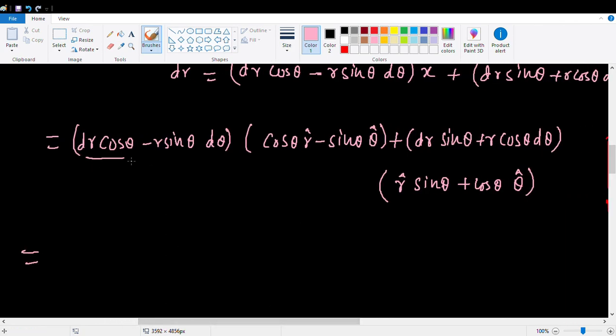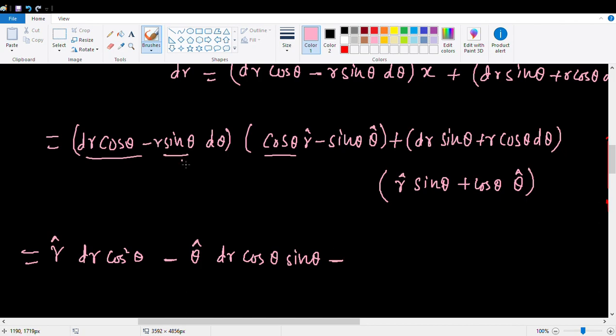Now let me see, dr cos theta. I am first writing this r hat, and it is going to give me cos square theta. Now this negative and this theta hat, cos theta sin theta.